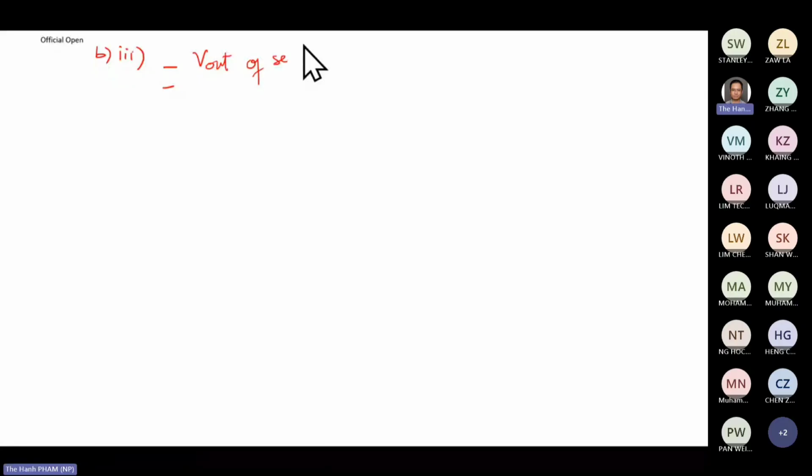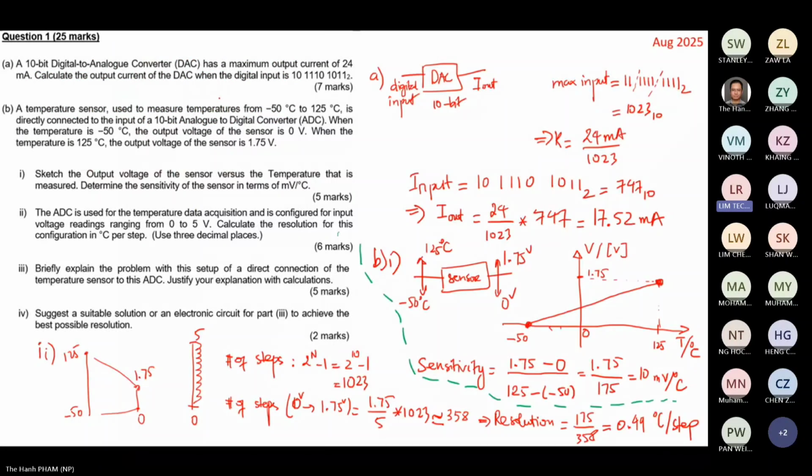Why is it like this? Just now for part 2, the question asks us to map to 0 to 5 volts, right? But you are doing the 0 to 1.75 first.